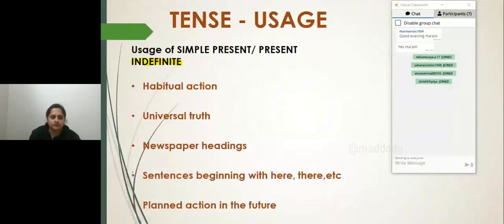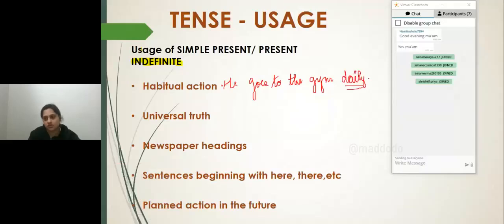I go to the gym, or he goes to the gym daily. Why have I used simple present tense? I'm talking about a habitual action, a regular practice. Always has to be in simple present. Truth, obviously, we have all heard this. The sun sets in the west.